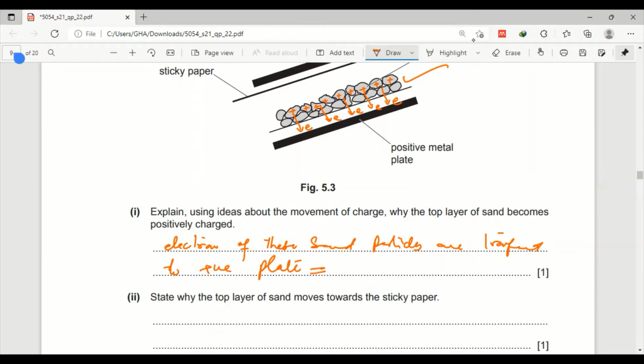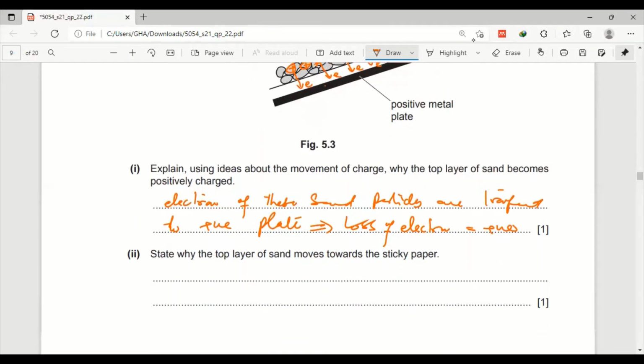So loss of electron is the positive charge. The object which loses electrons is positively charged. These particles are losing electrons because their electrons are attracted by the positive plate. After the loss of the electron, they are converted into positive charge.